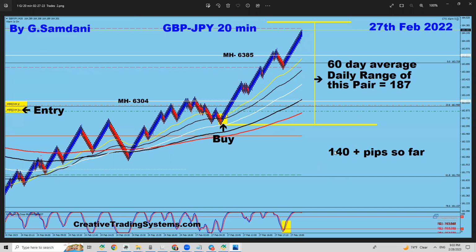Even 70, 80, if let's say you forget to take the entry here and you take this entry, the daily range is getting finished here anyway. So maybe from your entry to here, maybe 40, 50 pip, you've got to close it because the daily range is about to end. I got 140 because my entry was way ahead of the game.